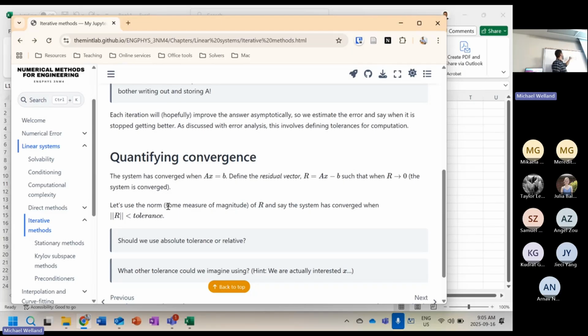If you have 3 elements in X, 3, 1, 2, and your next guess is 2, 1, 2. The L2 norm, the Euclidean Pythagorean norm, between those two is kind of small. But one of these elements is still dramatically changing. And that's what your L infinity norm is going to pick up on.